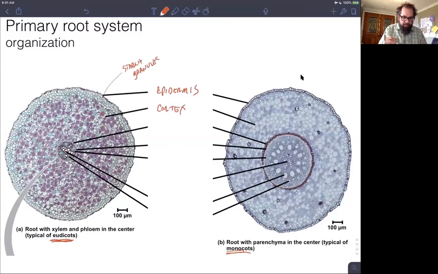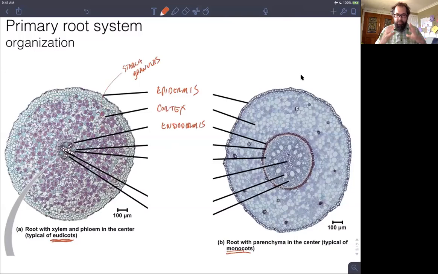So that's energy storage, all those little purple dots in both the monocot side and the dicot side. These are all starch granules being stored in that cortical tissue. As we move in, the next layer is the endodermis.